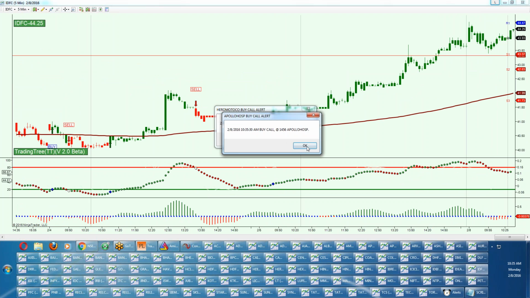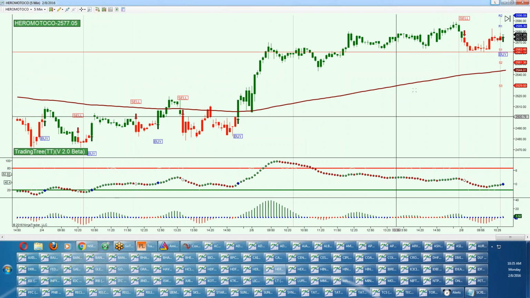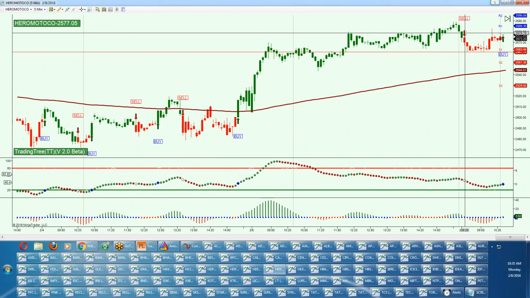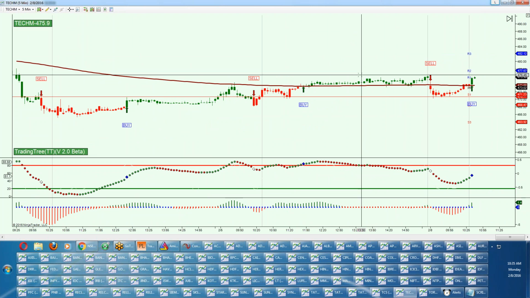So Apollo Hospital, we are expecting this buy. You can buy at this price, 2579. Hero Motoco. Tech Mahindra, you can buy at this price, 476.30.